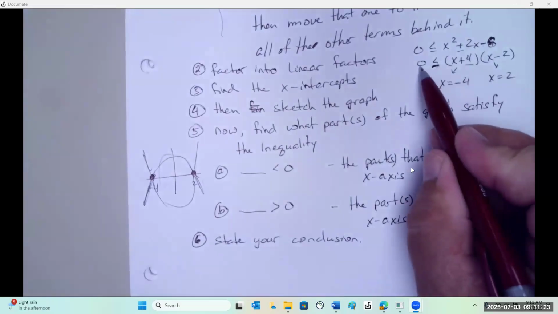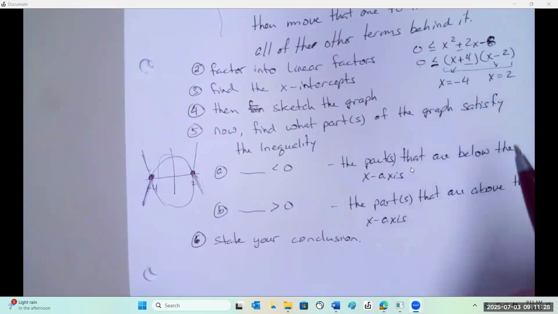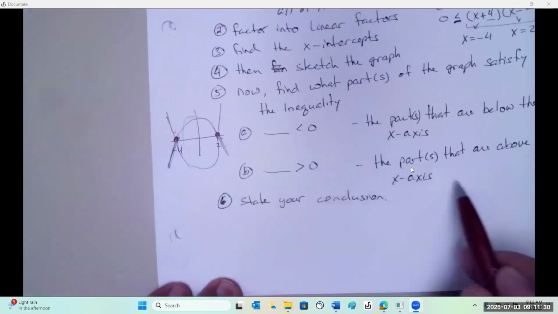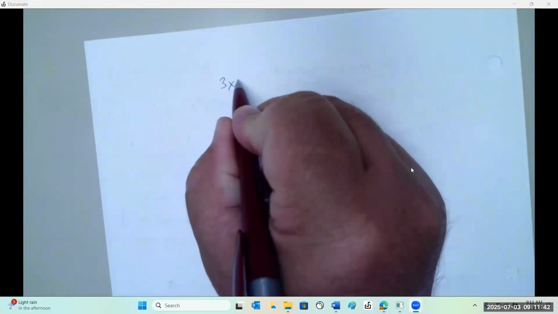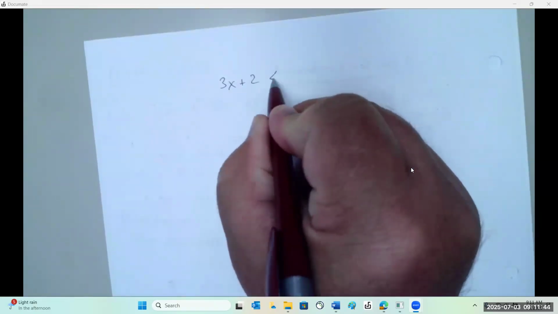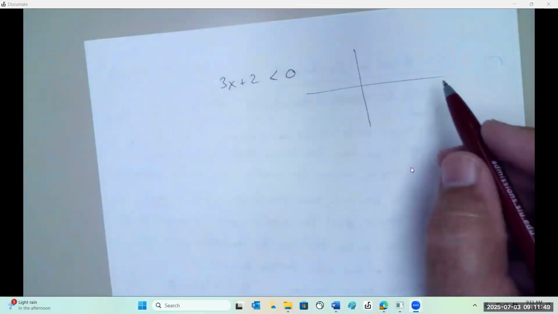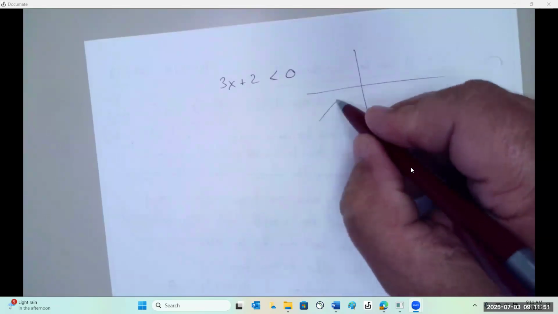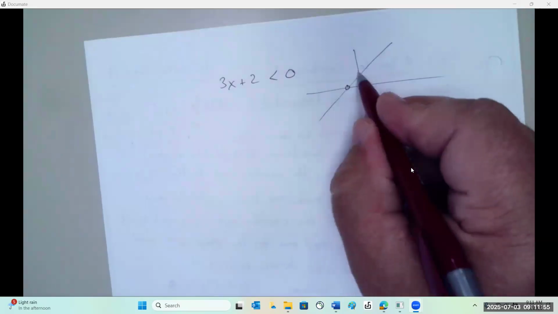Now, since this says 0 is less than this, what we're looking for is any part of the graph that's above the x-axis. So we're looking for all the parts that are above. Yes, so let's look at it as a linear equation. If we had 3x plus 2 is less than 0, this is a graph. So we're looking at this graph here. Here's our x-intercept, here's our y-intercept.